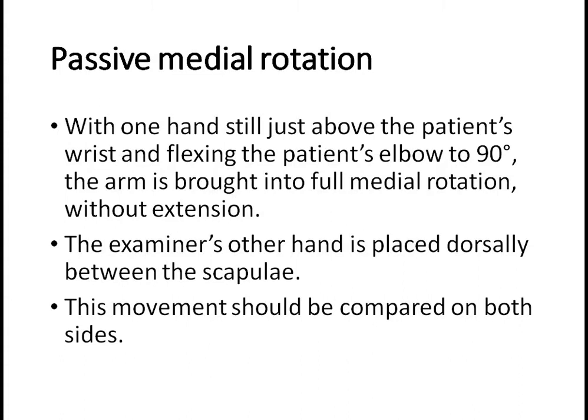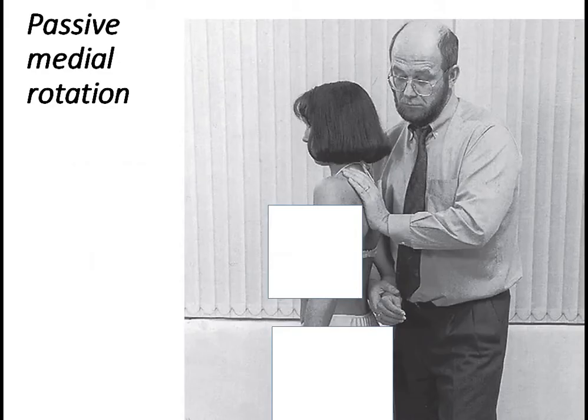As we have discussed previously, it is necessary to avoid extension because it will bias the movement and create errors that change the results. The examiner's other hand is placed dorsally between the scapulae, while the wrist and the patient's arm are brought into the internal rotation.